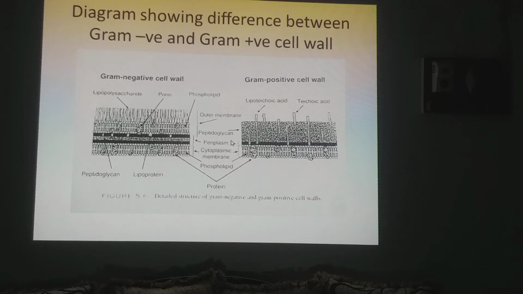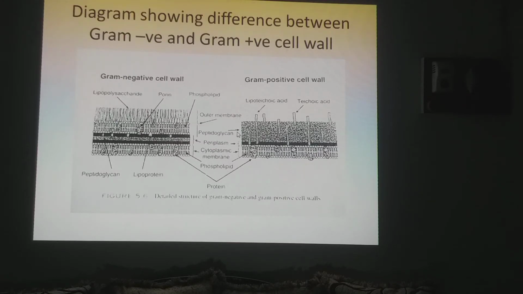Below this, from the periplasm, both internal structures are present in gram-negative as well as gram-positive cells. So these differences are there. Here the outer membrane is in addition in comparison to this.